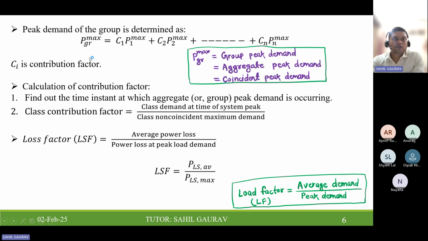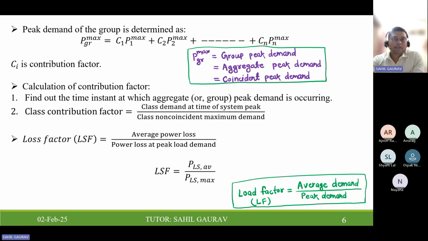So we can also write the group demand for the aggregate connected to the same feeder or the same area. This peak demand of the group is written as C1 into P1 max plus C2 into P2 max and so on. And this P group max is the same as group peak demand, aggregate peak demand or coincidence peak demand. So it is the same name for all these things.